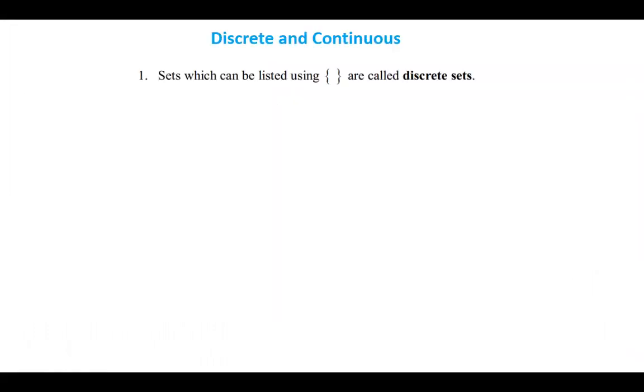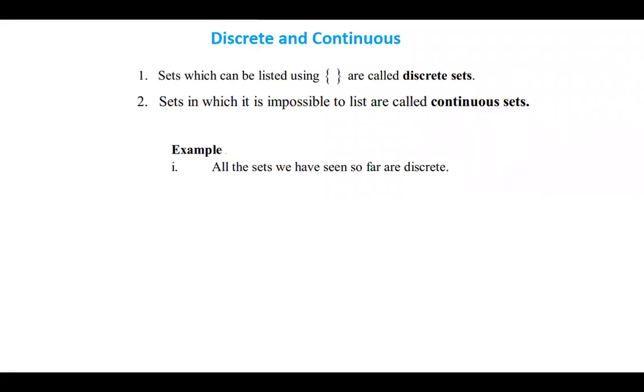Then this discrete and continuous, this is just the same as what we talked about. When you say this set is a discrete set, it means that the set can be listed, meaning it contains a countable number of elements. When you say it is continuous, it does not contain a countable number of elements.